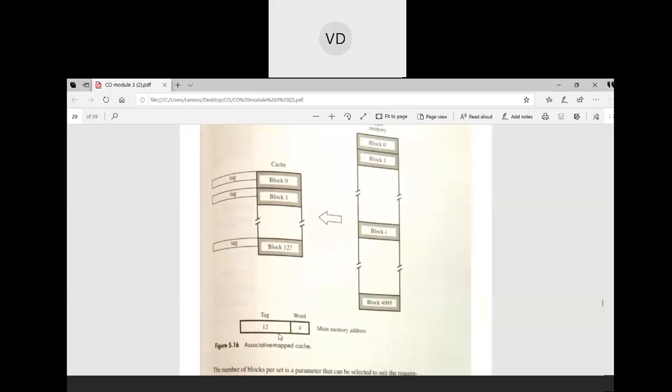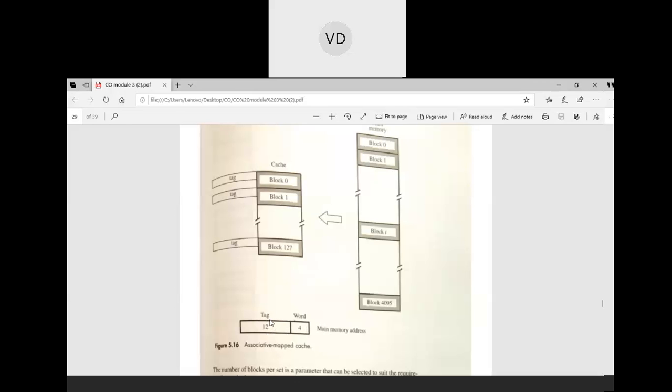Here also a 16-bit main memory address is generated, but here we only have 2 partitions. Each row is divided into 16 words. Among those 16 words, which word I have to select is determined by the lower order 4 bits. Then the remaining 12 bits are nothing but the tag here.